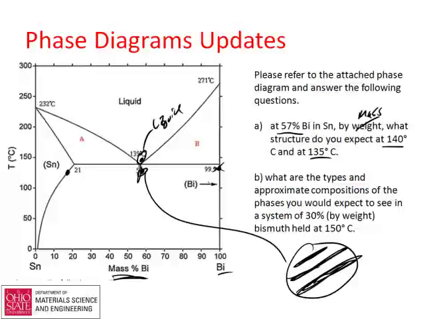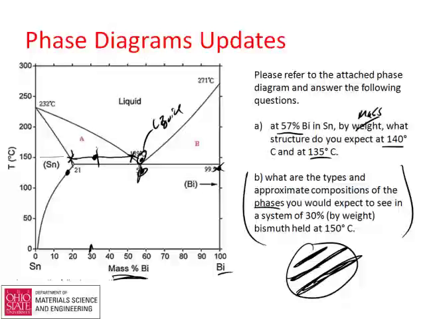Okay. Part B, I asked what are the types and approximate compositions of the phases. You would see at 30% bismuth, so 30% held at 150 degrees C, would be a point right there. And what you would see is a tin-rich solid of that composition in equilibrium with a liquid of that composition, and you would have a little bit more solid than liquid because this is closer to that.